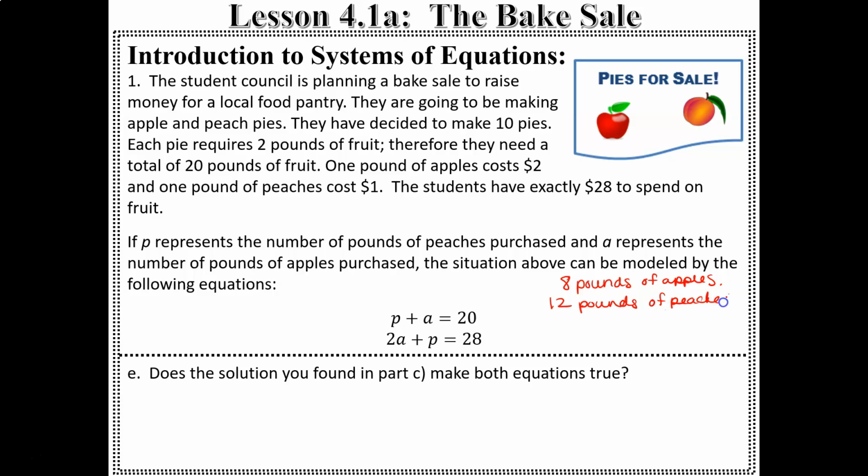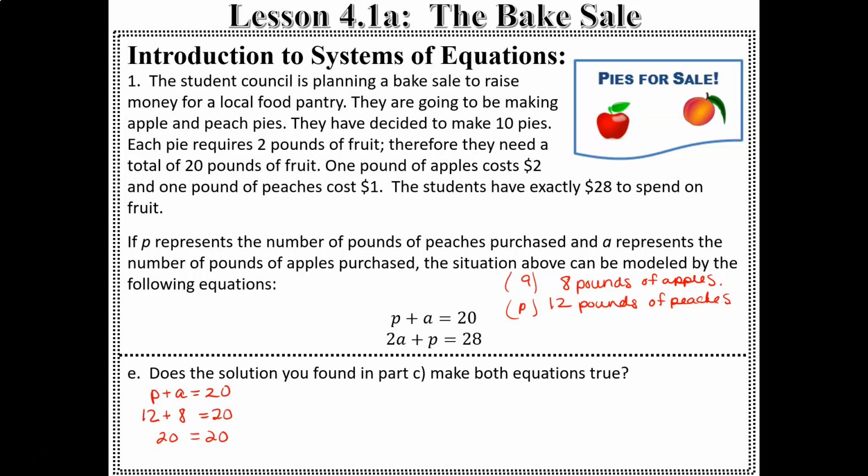So what we want to see now is, do these numbers make both of those equations true? And here's how we're going to find out. So we are going to plug in 8 for A and 12 for P in each one of those. So this first one is P plus A equals 20. So we have 8 pounds of apples and 12 pounds of peaches, and 12 plus 8 is 20. So it works for the first equation.